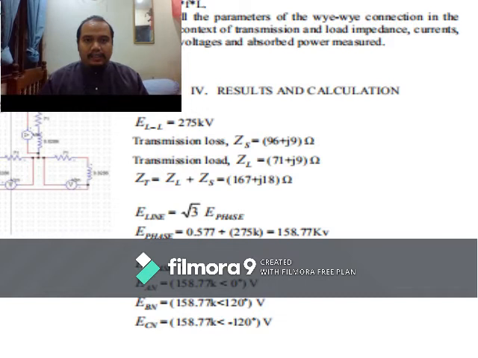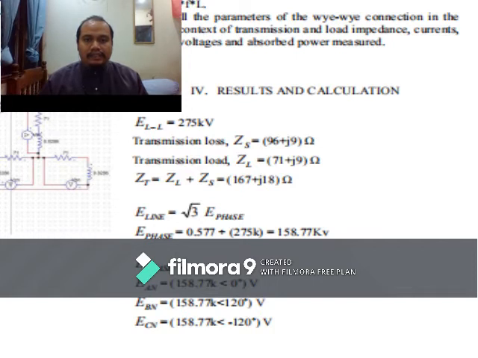As you can see in the result and calculation, I use the E line-to-line equal to 275 kilovolt, and transmission loss ZS and transmission load ZL. From my matric number, ZS equals 96 plus j9 ohm, and the load ZL equals 71 plus j9 ohm.